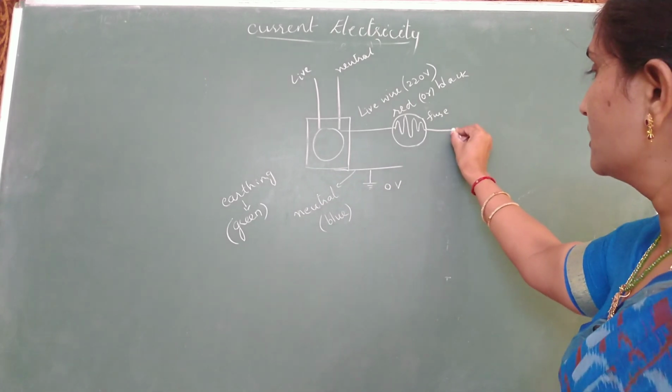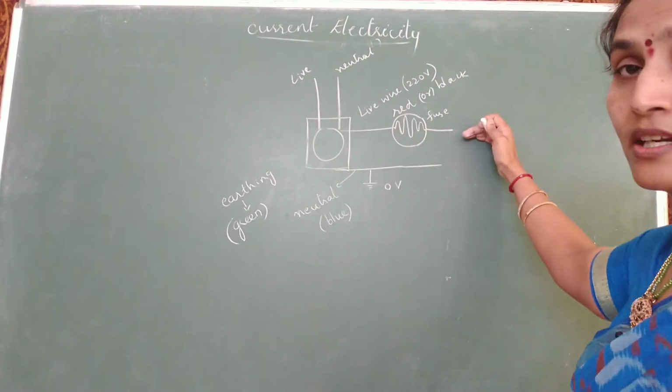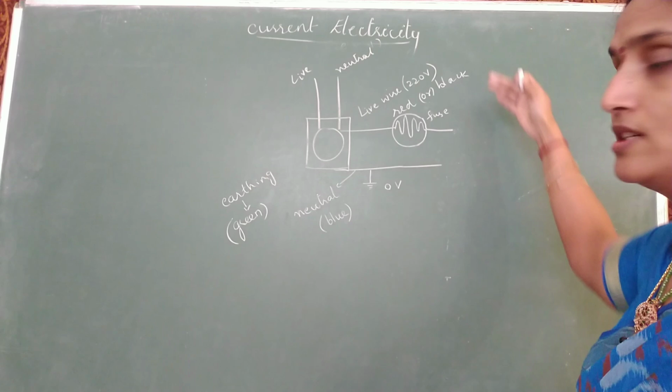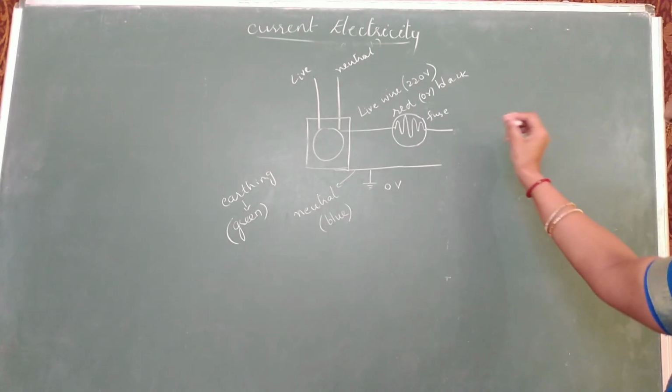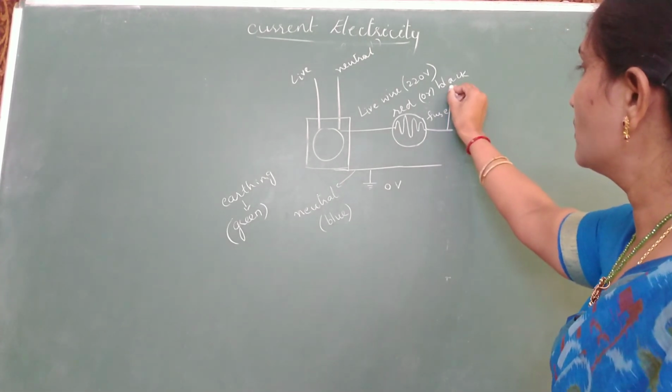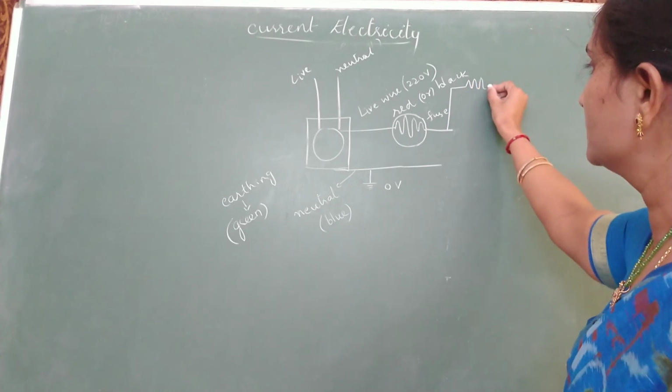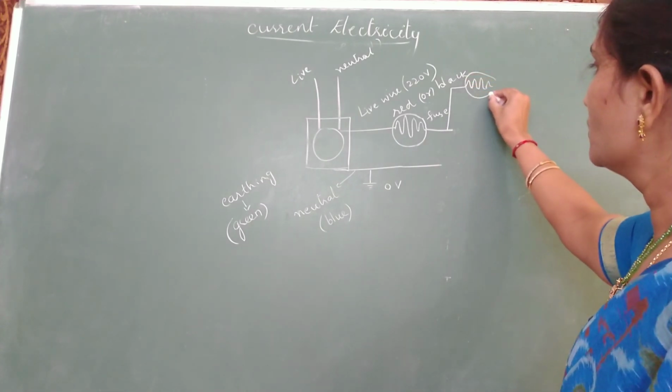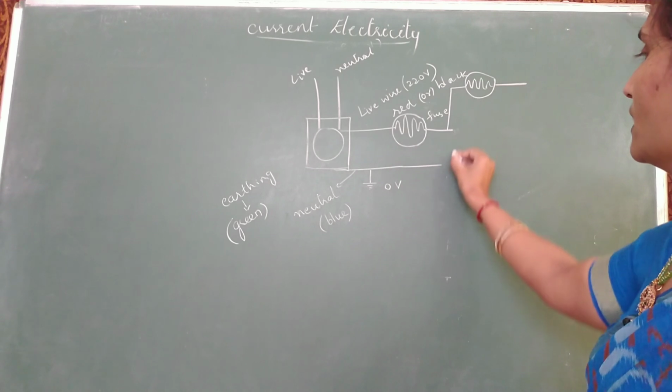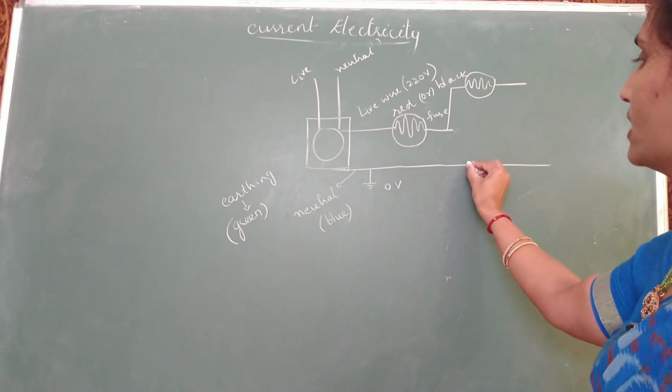After that, I will show you how we connect it to two different rooms, one for the kitchen and one for the living room. For the kitchen, I will take one live wire and use another fuse here, the second fuse, and one wire I will take from here.